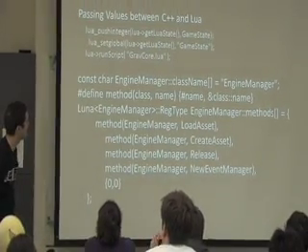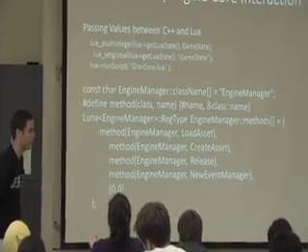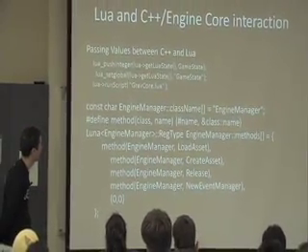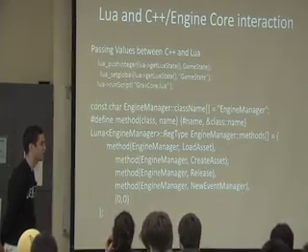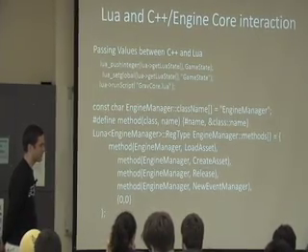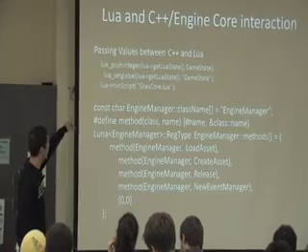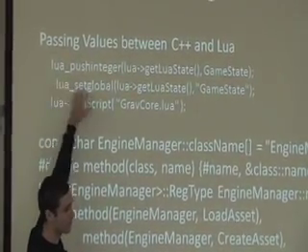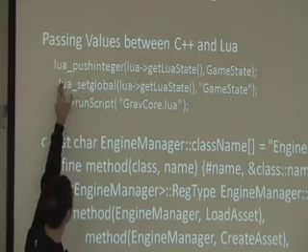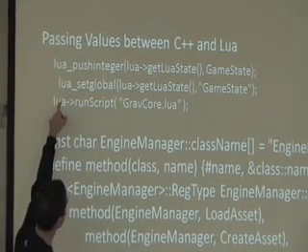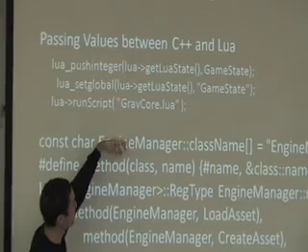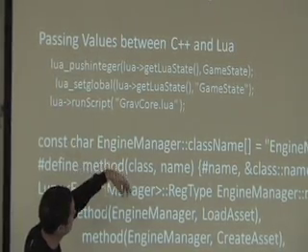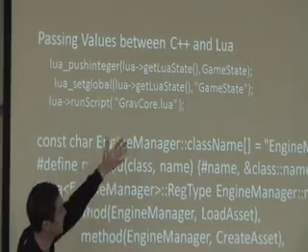Lua has different ways of interacting with C++ in terms of different types, but mainly what it has is a stack. And you take a number. So here, these two lines up here are API things that are provided from the include file when you include it. This function pushes an integer onto the Lua stack, and the integer in this case is game state.